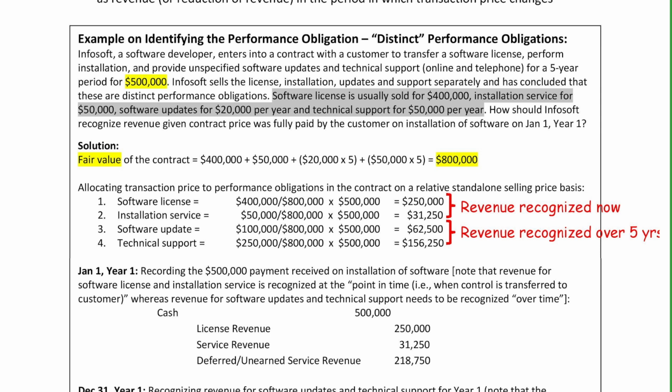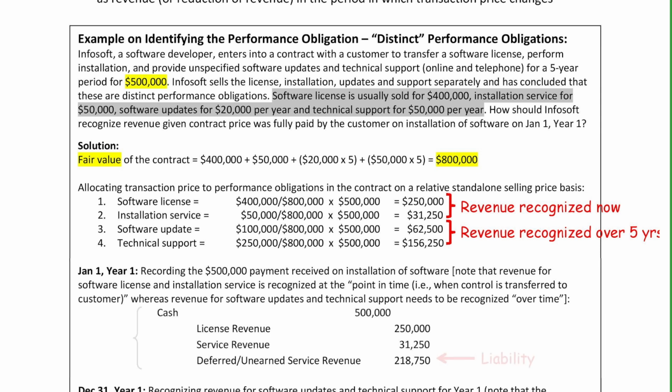So let's say Infosoft gets the entire $500,000 of cash right now. They're going to be recognizing revenue for the software license, which is $250,000, and for the installation service, which is $31,250. The remaining amount for the software updates and technical support would be recognized as deferred or unearned revenue.